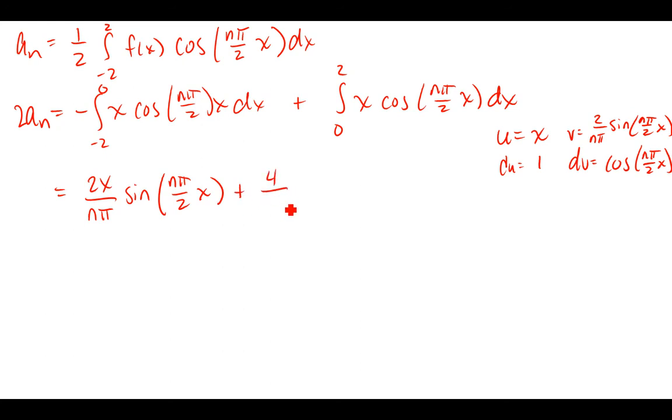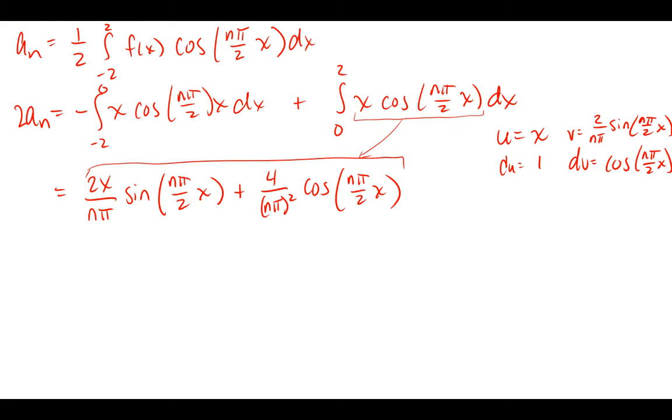And then the other piece you get is 4 over n pi squared cosine of n pi over 2x. Okay, so that's what you get when you do the integration by parts and you chase it around and combine the like terms. That's the antiderivative of that.